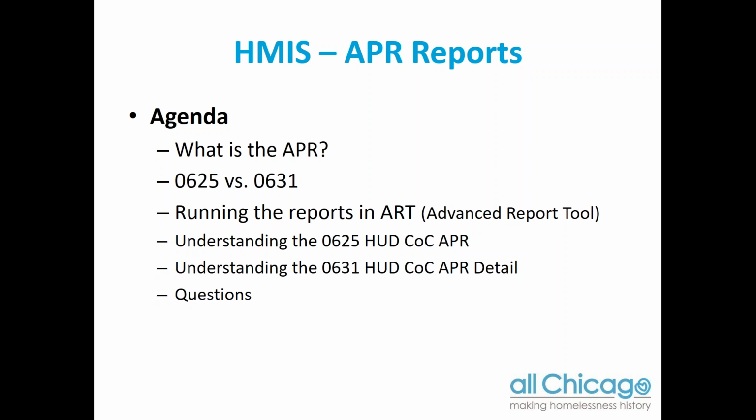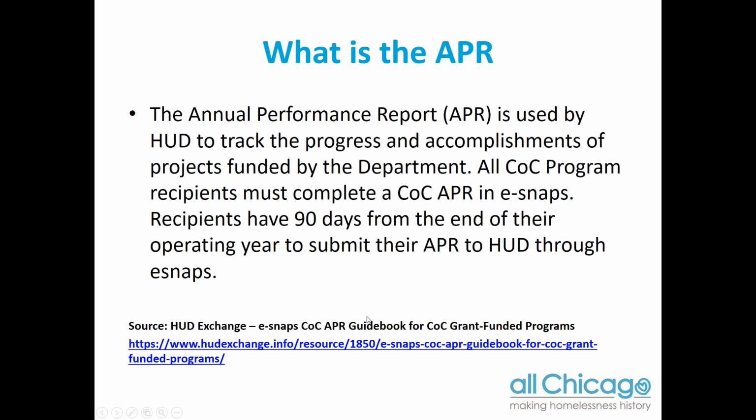So let's start by talking about what the APR is. This is language that comes from a source on the HUD Exchange, which is called the eSNAPS CoC APR Guidebook for CoC grant-funded programs. So you're seeing here that this is a tool that is primarily intended for HUD and CoC grant-funded programs.